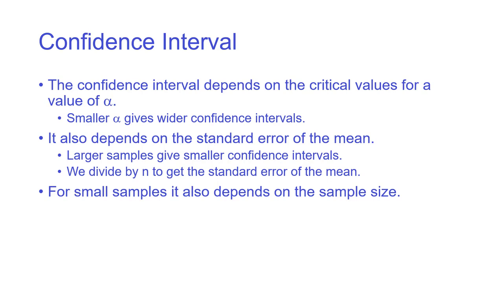So to get the standard error of the mean, you divide the standard deviation by the square root of n, or you divide the variance by n and then square root it to get the standard error. If you're dealing with small samples, sample size also plays a role, so we'll come back to that later.